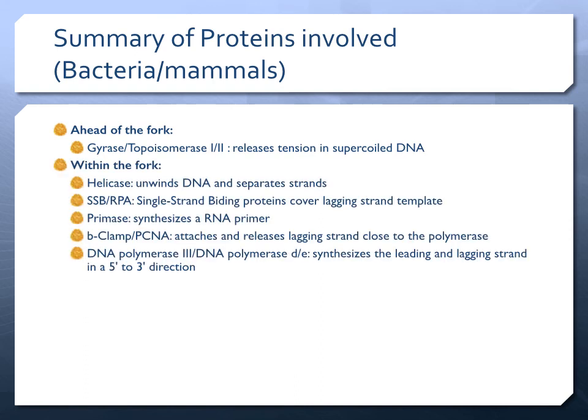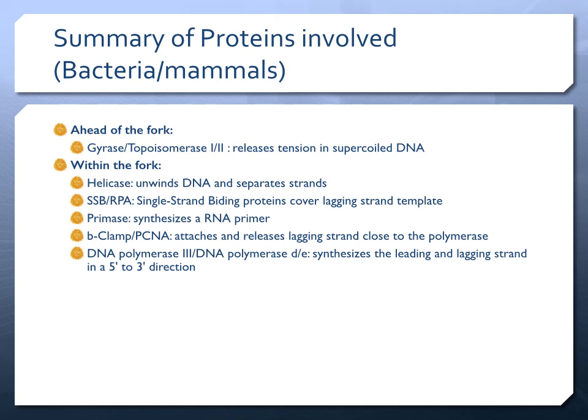Into the fork, you have in front the helicase that will unwind DNA and separate the strands. You will have then the single-strand binding proteins or RPA in mammals that will cover the lagging strand template. You will have the primase in both the bacteria and the mammals that synthesizes the RNA primer.